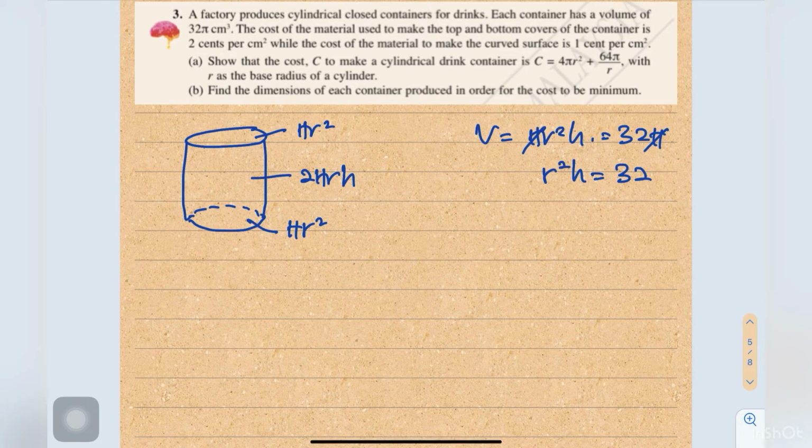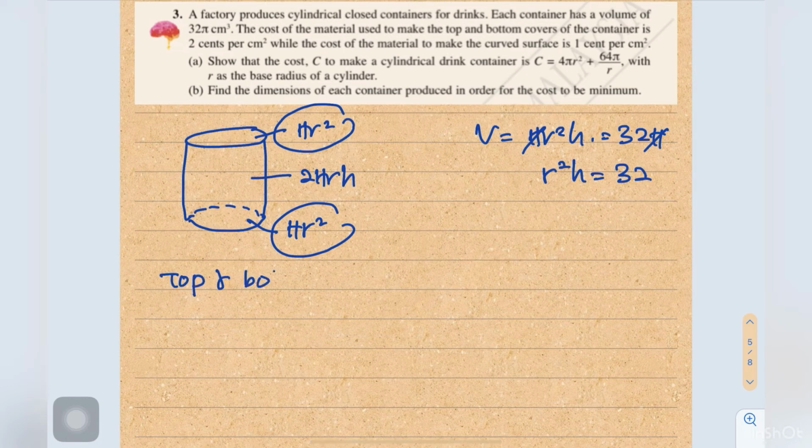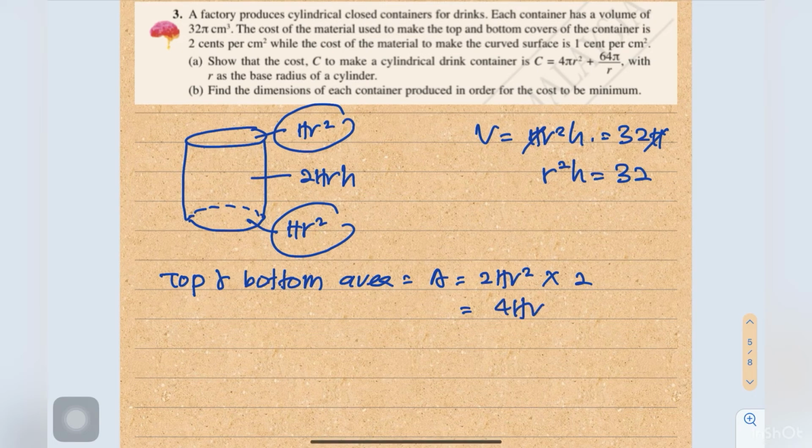Okay, for these two, top and bottom area, equals 2 pi r squared times 2 cents. Okay, so 2 cents gives 4 pi r squared.